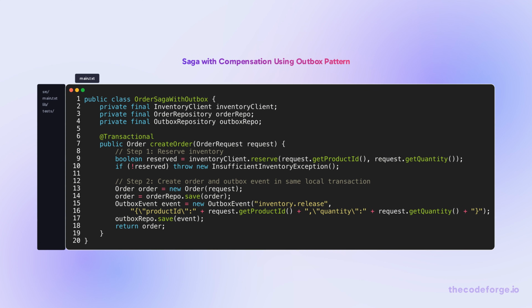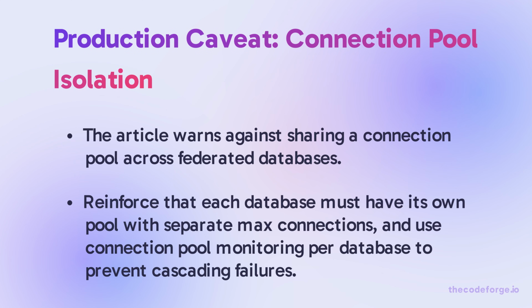The article mentions sagas, but doesn't show how to handle failures reliably. Use the outbox pattern to ensure the compensating action is always executed, even if the service crashes after the first local transaction. The article warns against sharing a connection pool across federated databases.